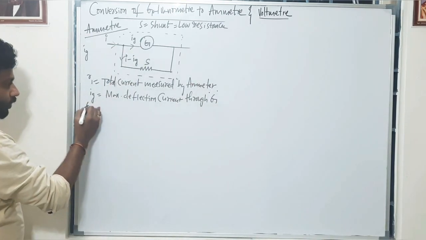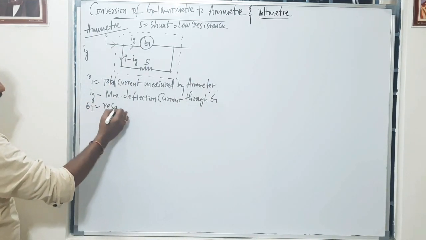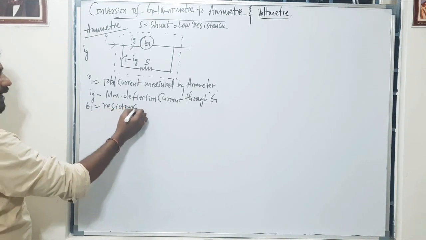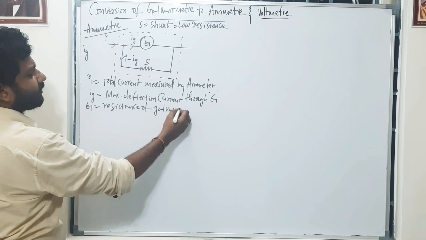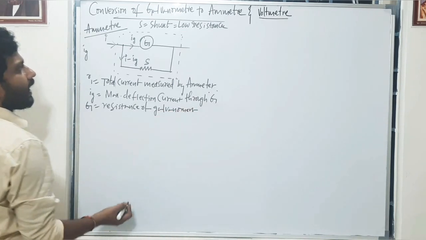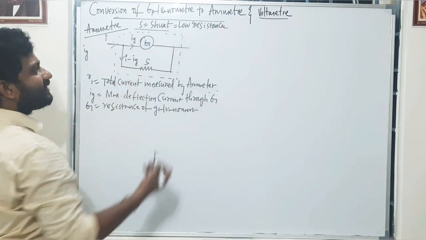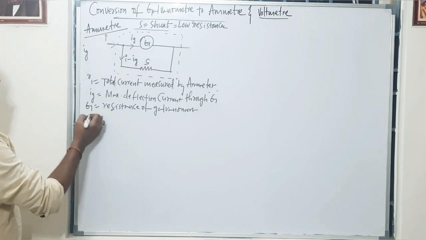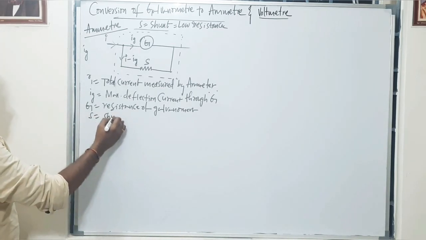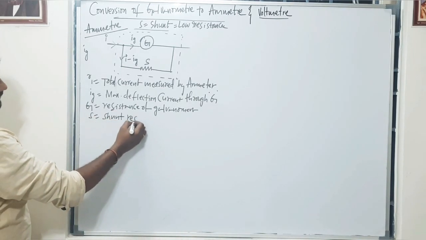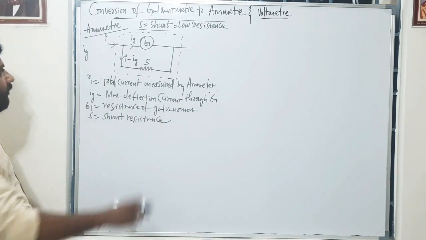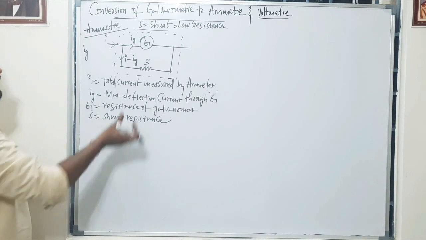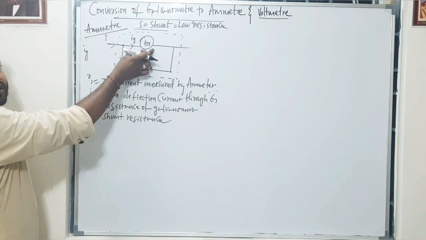G, you know, is the resistance of the galvanometer, and we had written S is the shunt resistance. Is it clear? Now, from here, what is the potential difference across the galvanometer?